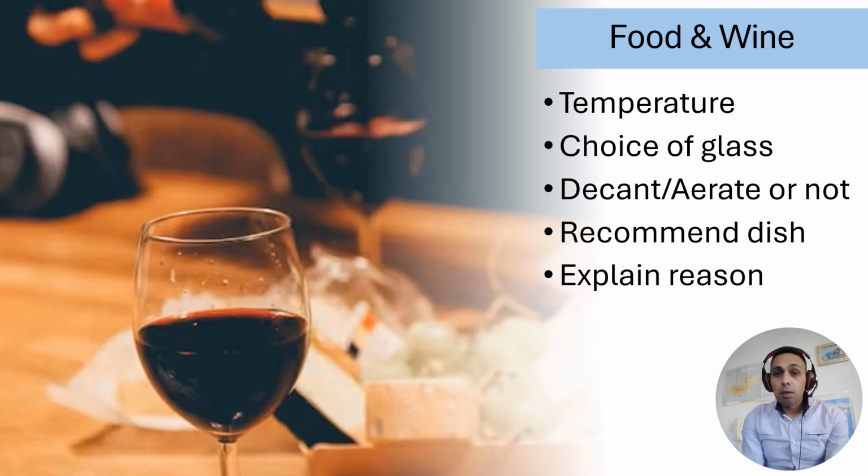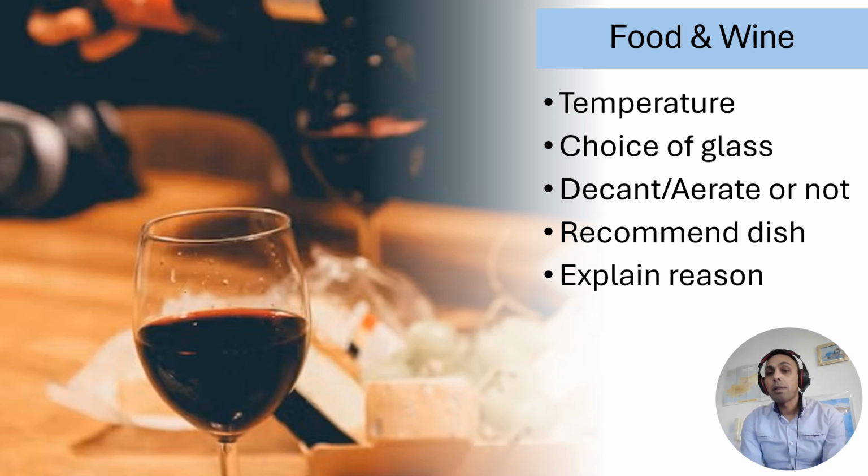Food and wine: you need to mention the temperature at which you are going to serve this wine. For example, if it's a light crisp wine, let's say Pinot Grigio, Sauvignon Blanc, Riesling, you can say I'll serve this wine between 8 and 10 degrees. If it's an oak-aged wine, you can say between 10 and 13 degrees.